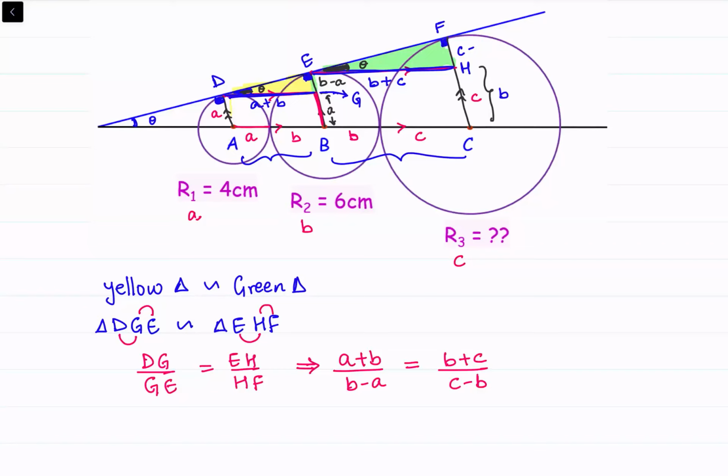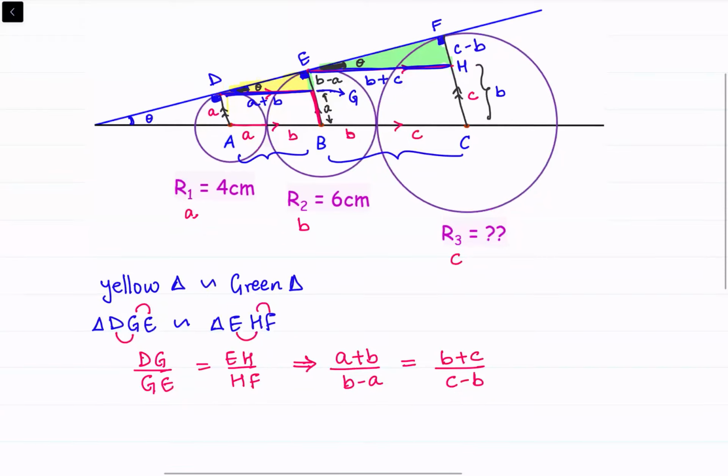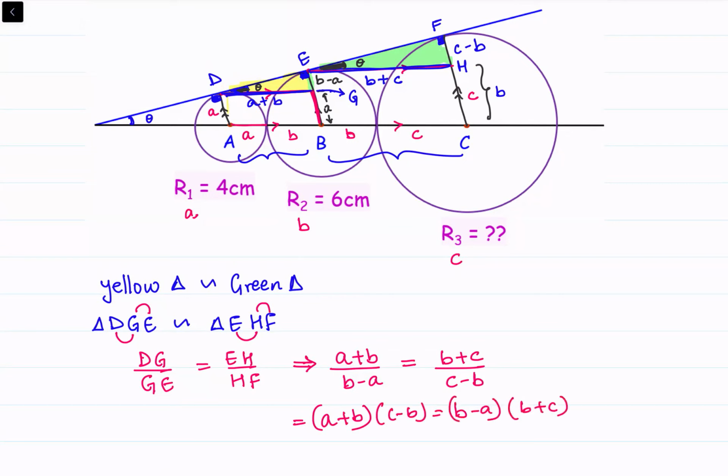So this is C minus A. We can solve it by componendo and dividendo, or otherwise we can simply cross multiply. If we cross multiply, we get (A plus B) times (C minus A) is equal to (B minus A) times (B plus C).